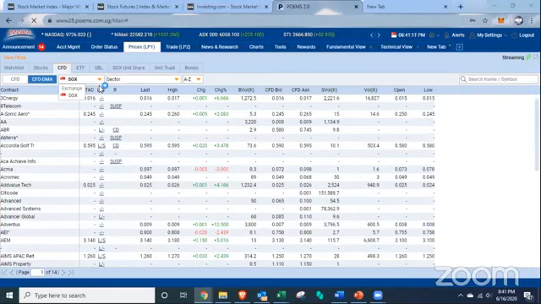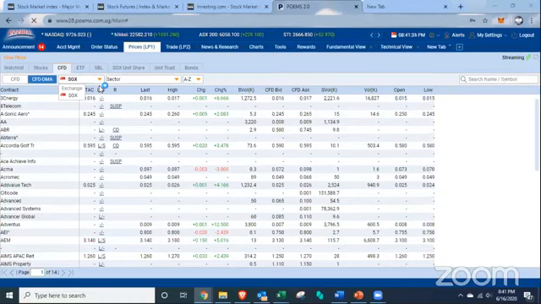Let's say there's one client A who wants to do a long position and client B who wants to do a short position. What the market maker does is match these two orders together instead of hedging out in the market. However, sometimes if there are no matching orders, then they'll hedge out in the market.